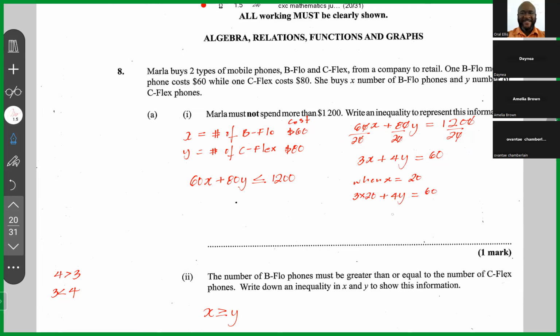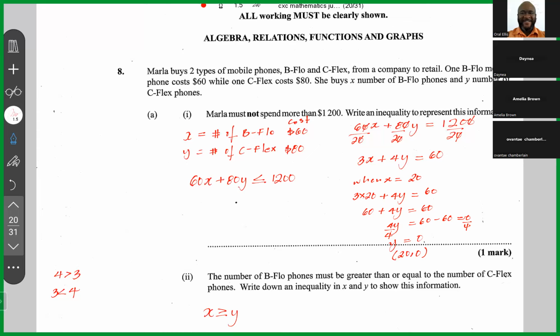So what we have is 60 plus 4y is equal to 60. 4y would be 60 minus 60, which is 0. Divide both sides by 4, and we get y is equal to 0. So when x is 20, y is 0. All right, so we're getting points to draw a straight line graph.